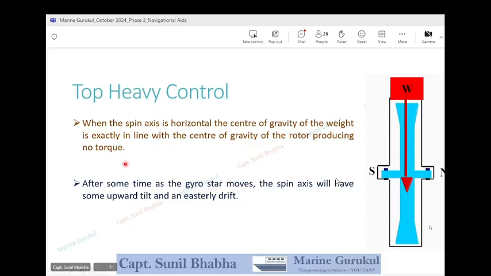However, we know that our spin axis follows the gyrostar, and as time passes, the gyrostar is going to move, and as the gyrostar moves, the spin axis is going to follow it, and soon it will have some upward tilt and an easterly drift.